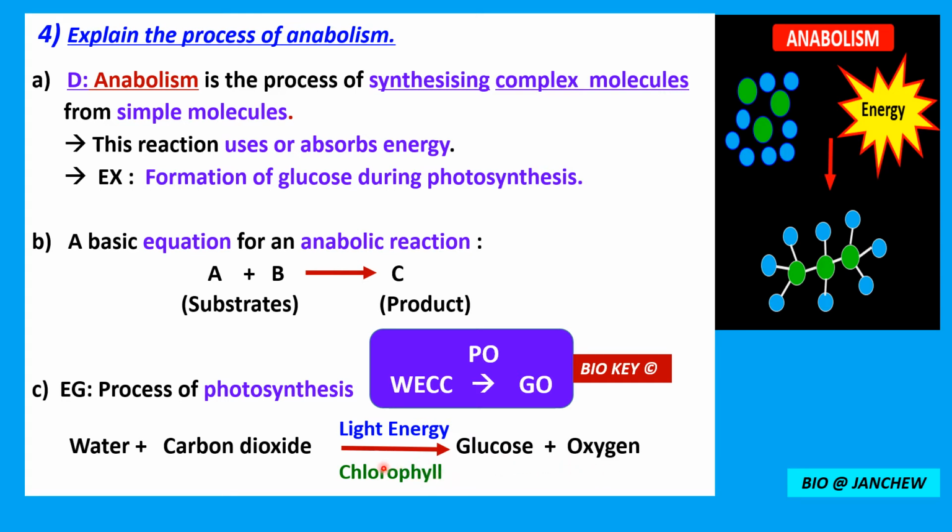If we look at this process, why is it called an anabolic process? We are taking two simple substances here, water and carbon dioxide, and then combine them together with the use of energy to form the glucose, which is a more complex molecule. So this process is an anabolic process, or an example of anabolism.